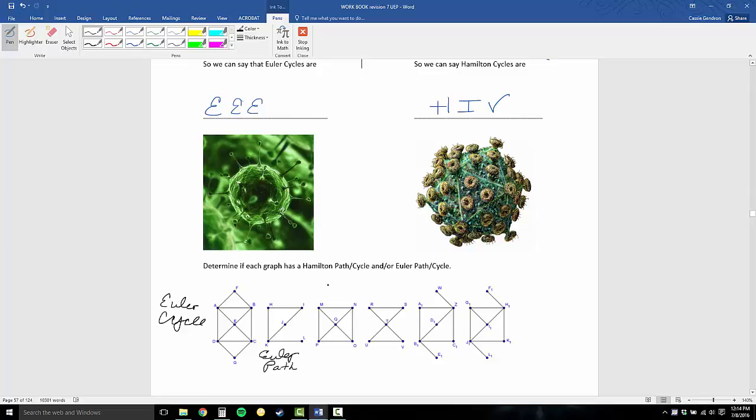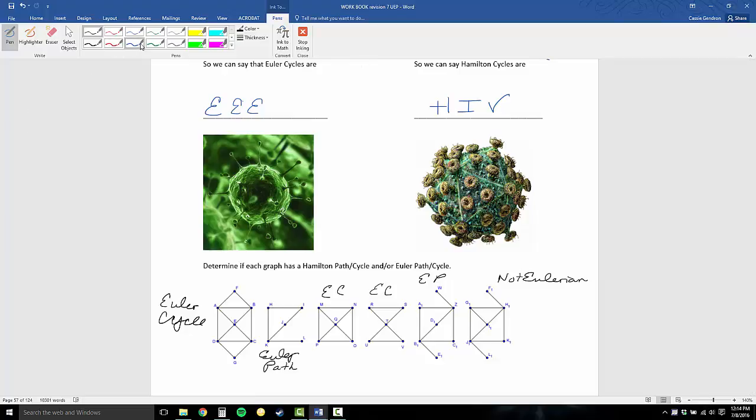This has an Euler cycle. I'm just going to start abbreviating. This has an Euler cycle. This has an Euler path. This is not Eulerian. Not Eulerian.